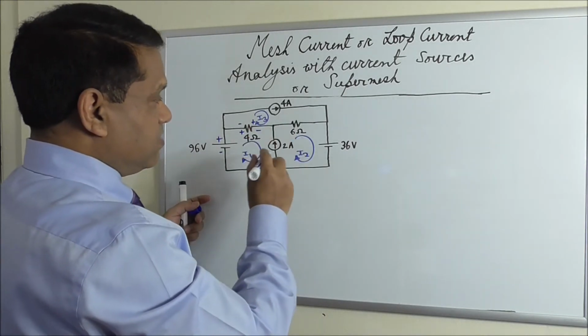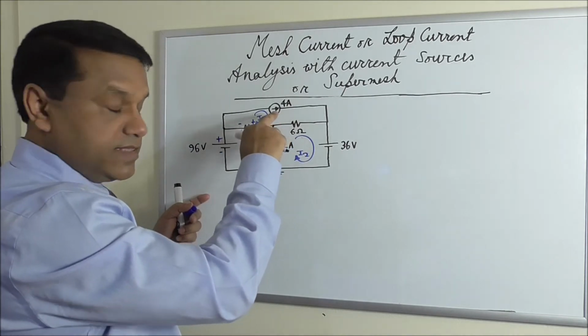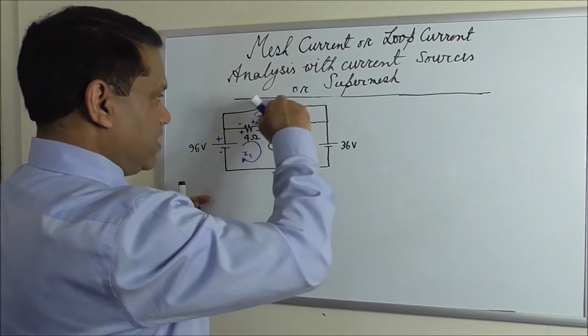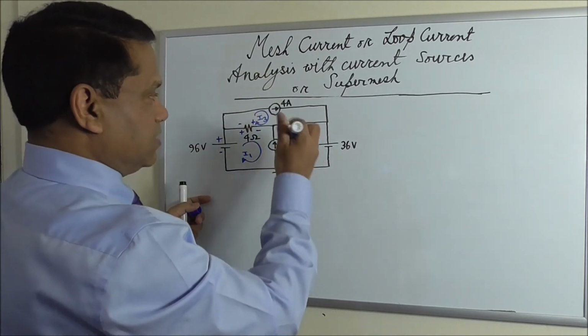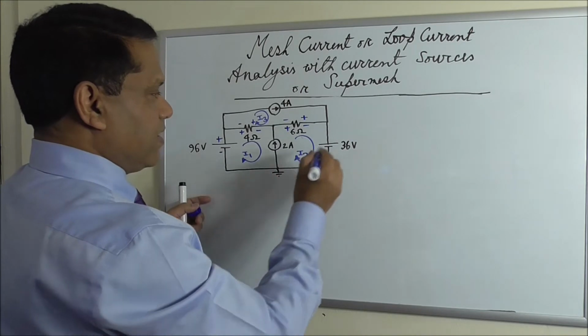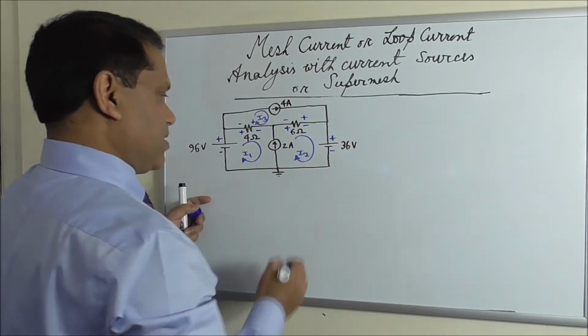And for this resistor, in this loop, current is this way, I2 minus I3, so plus here, minus here. And for this loop, current is this way, I3 minus I2, so plus here, minus here. And for a voltage source, we cannot change the polarity, so it will be plus minus.